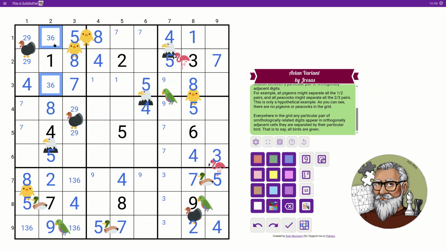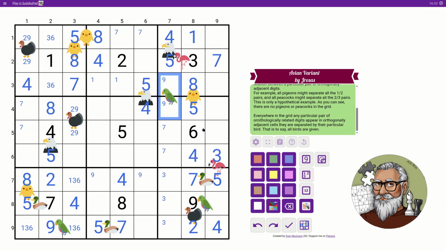1, 3, and 6. Do I have 9 next to any of these already? Not necessarily. I don't know. What am I still missing here? Well, it's not 3, right?